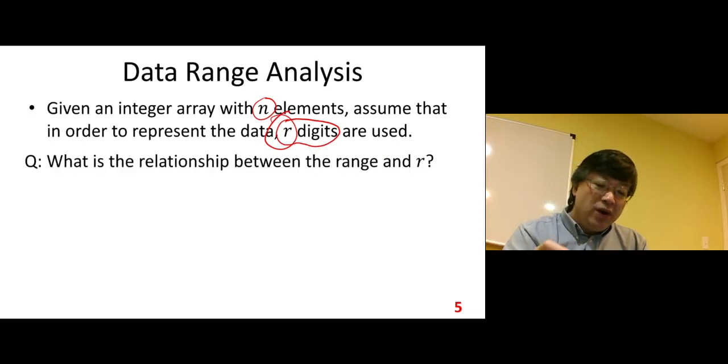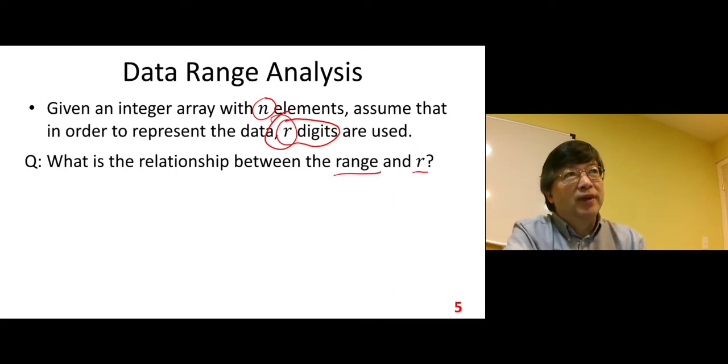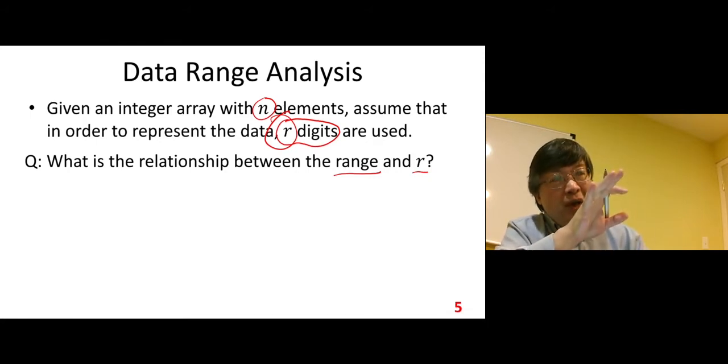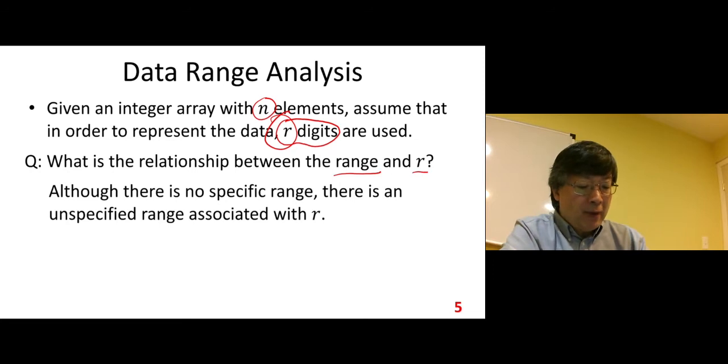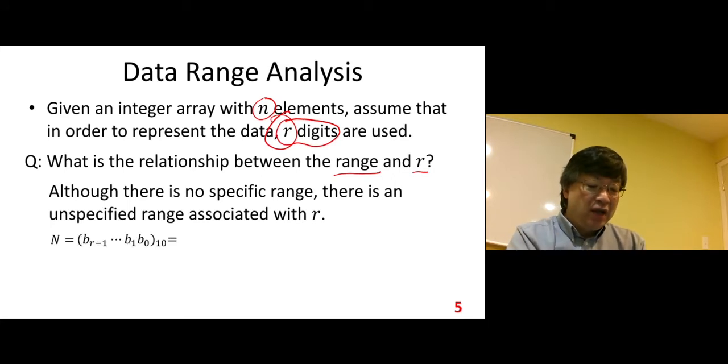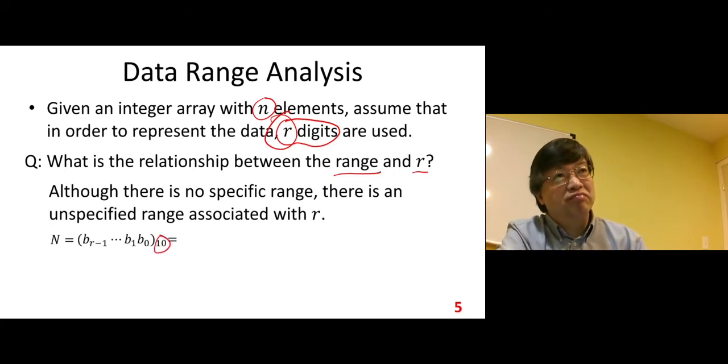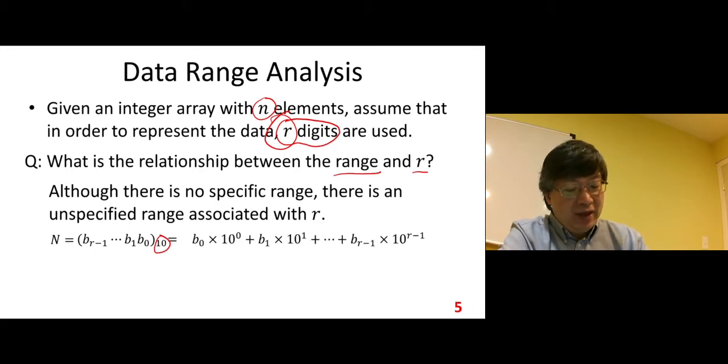So what's the relationship between the range and R? There should be some relationship. So we want to use the integer property to do the estimation. We have this general expression, n equals decimal expression. Specifically, we can write it this way.